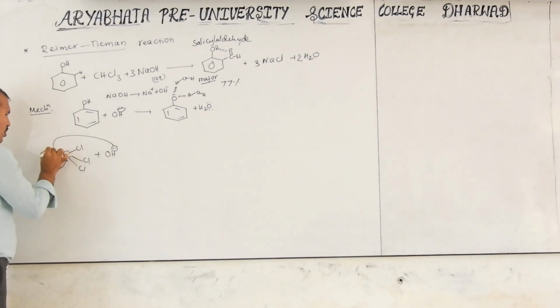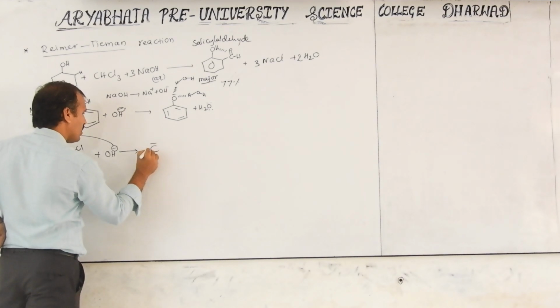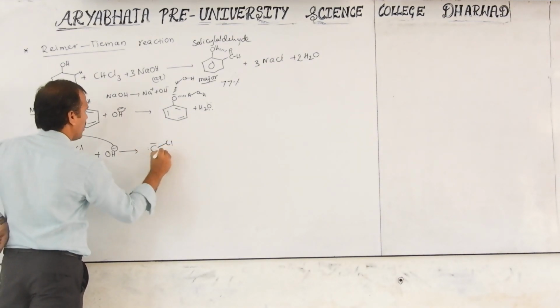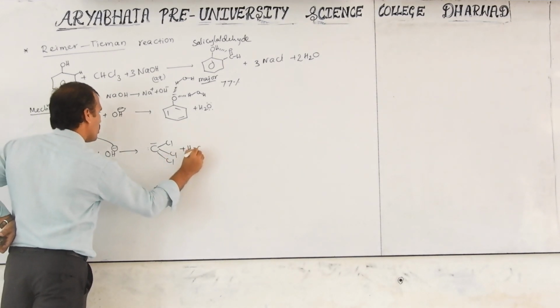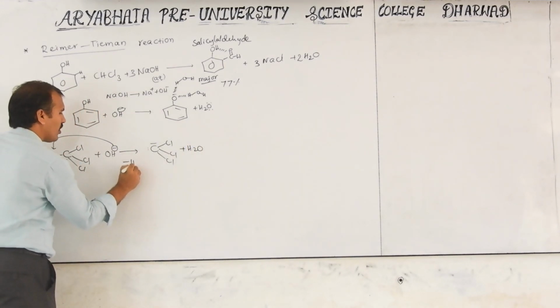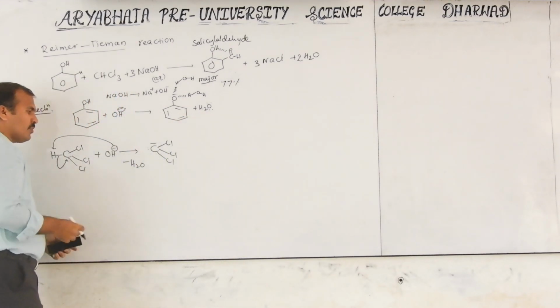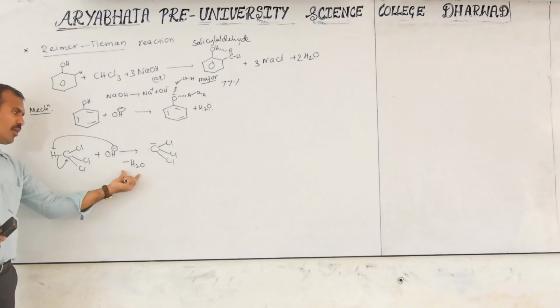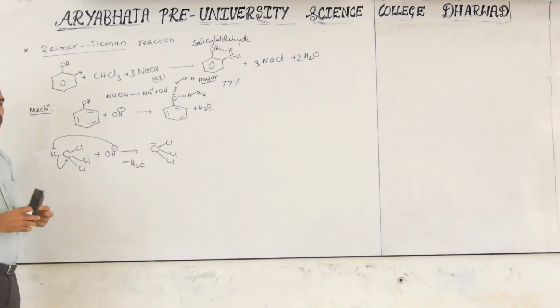This will take the proton, then it will be converted into CCl3 minus along with the water molecule. Water molecule is lost here. When it comes to here, there is a negative charge. The negative charge is okay.